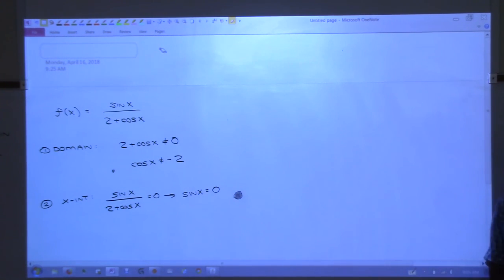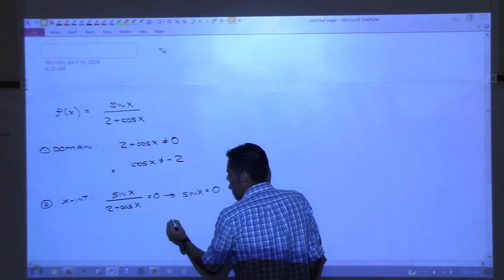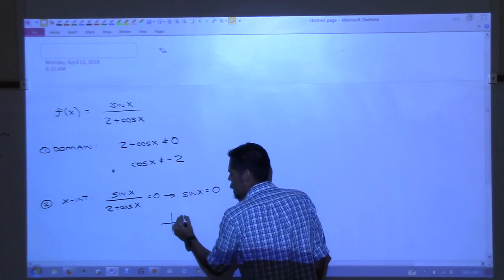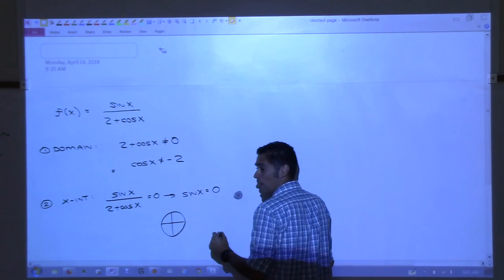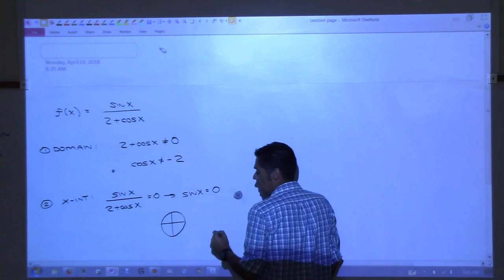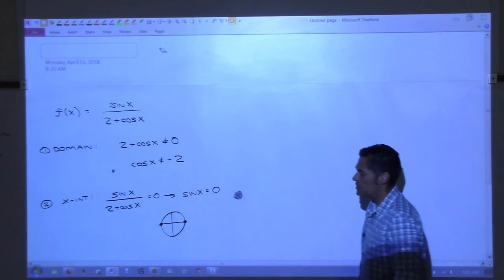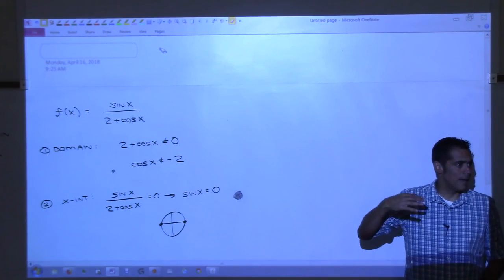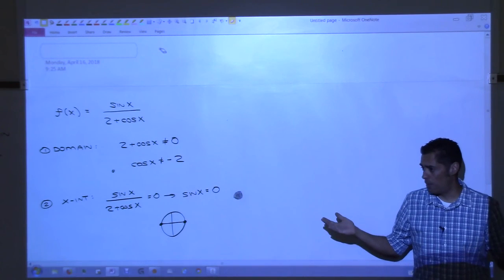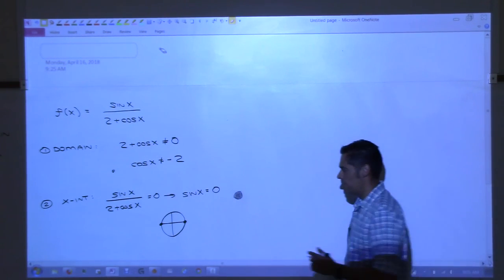Then we go back to our knowledge of the sine function from pre-cal. And I'm going to look at the unit circle perspective here. On the unit circle, sine is the y-coordinate, right? And the y-coordinate is 0 here and here. So that's going to happen whenever our angle is 0 or pi or 2 pi or 3 pi or any multiple of pi, right? There's an infinite number of x-intercepts in this graph.